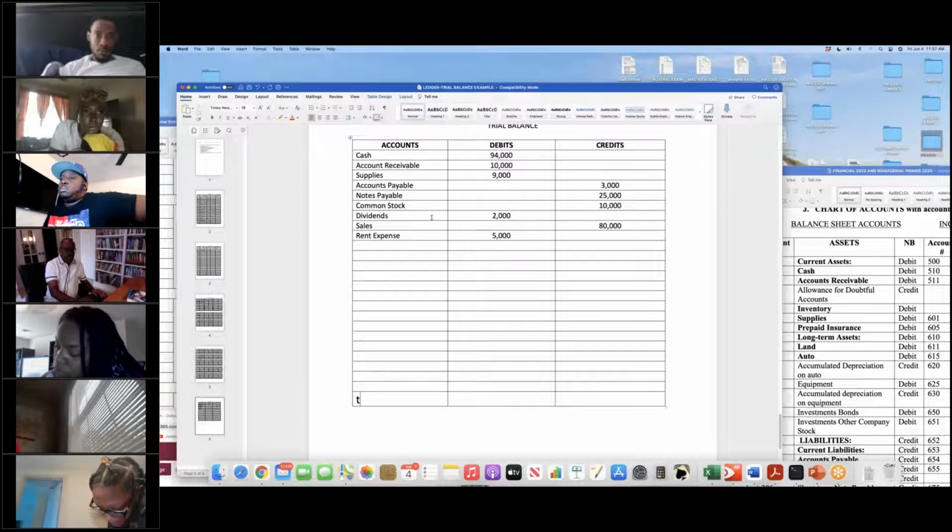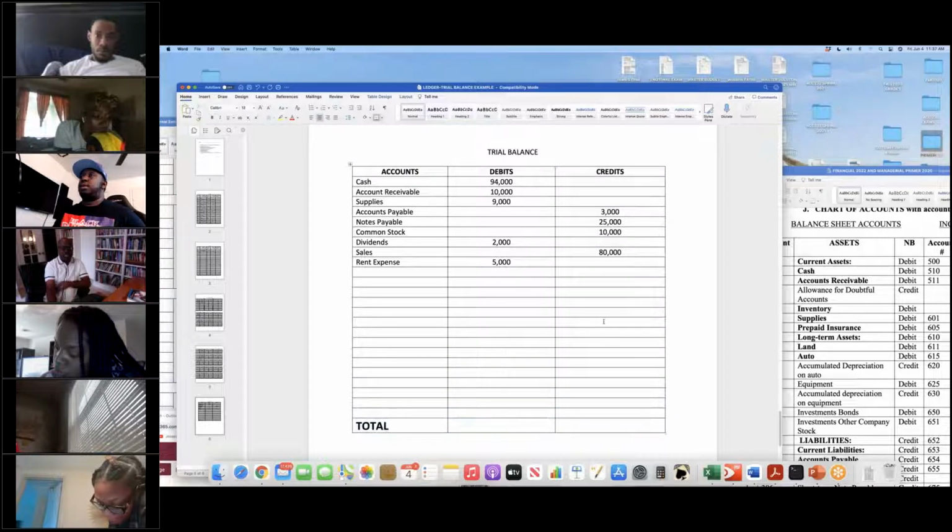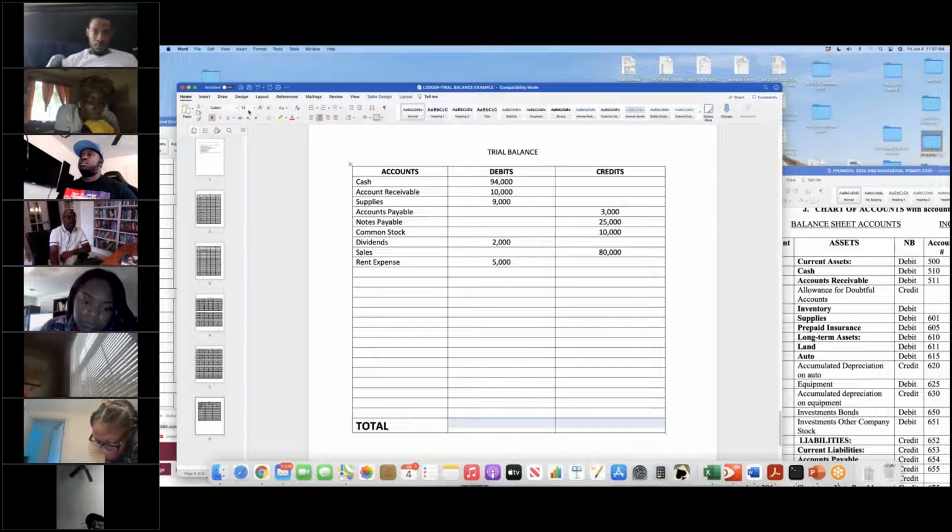So now we need a total. As you might expect, the total needs to be the same on both. The debits and credits need to be the same. So if you add these debits up, how much do you get? 120,000.